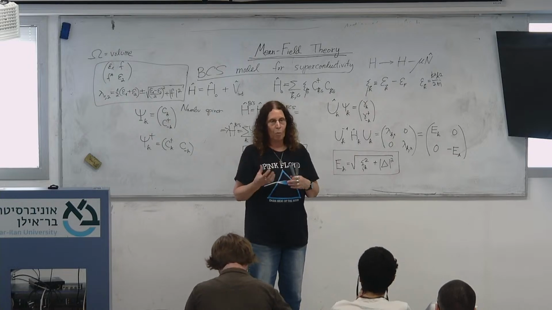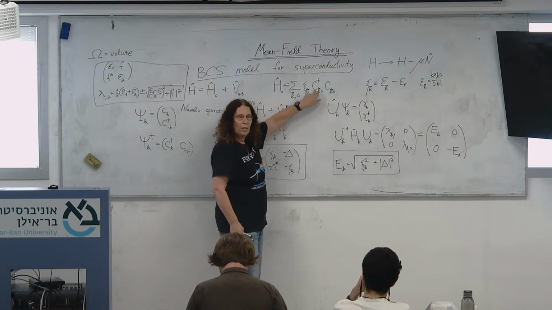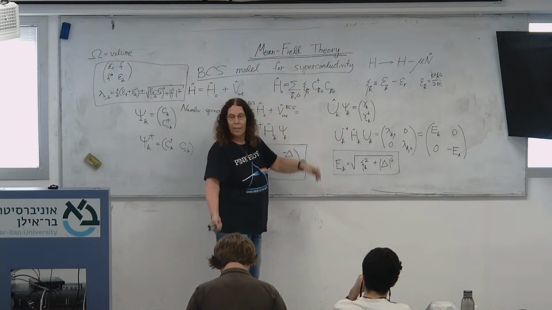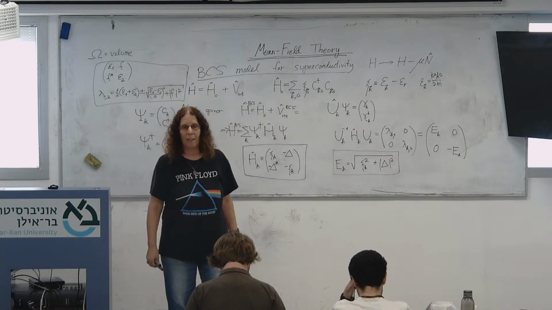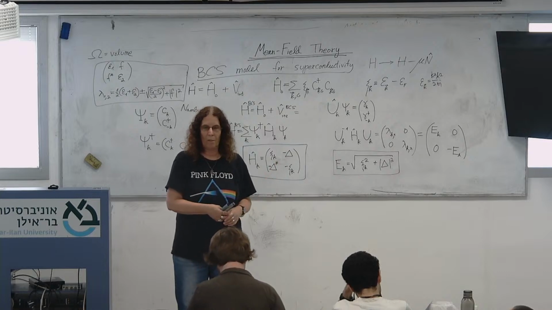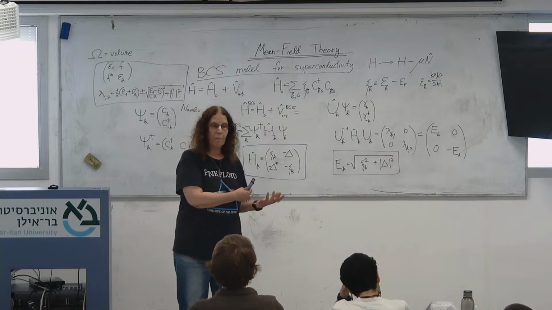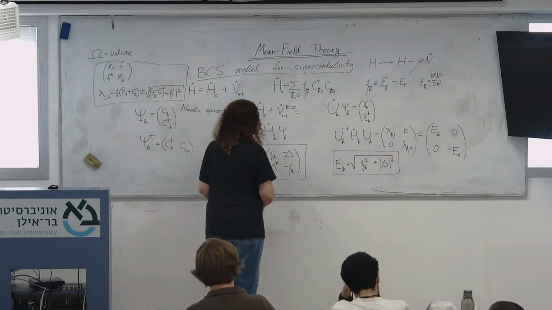The electron operators, electron or hole, C and C dagger, are not good quantum numbers in a sense, or they are not the correct particles in which to describe this state, okay?